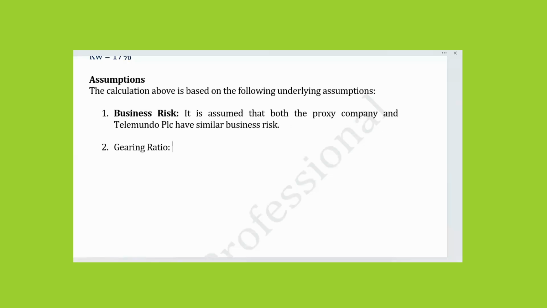The debt equity ratio of 40 to 60 is assumed for the proxy company, while 30 to 70 is assumed for Telemundo.